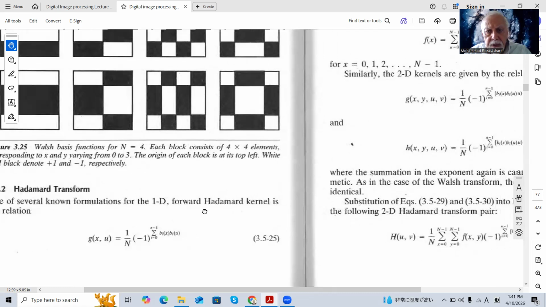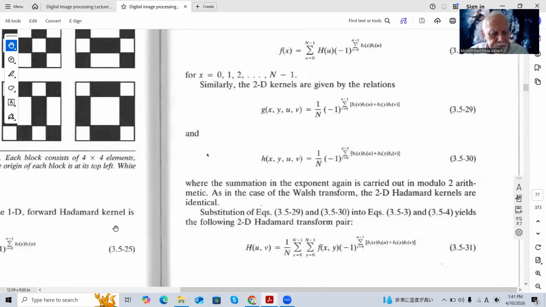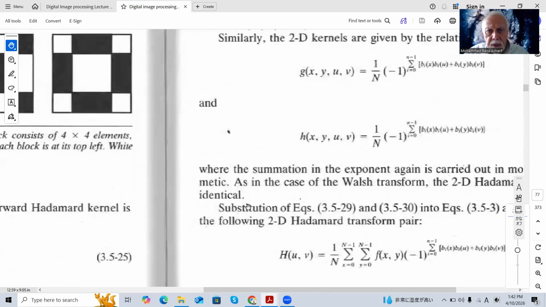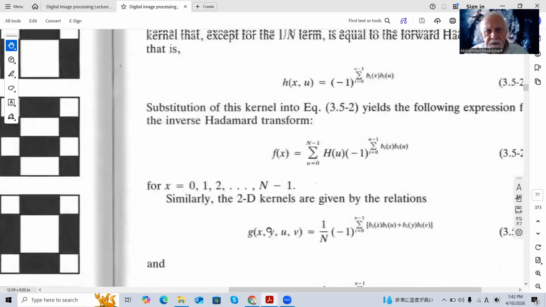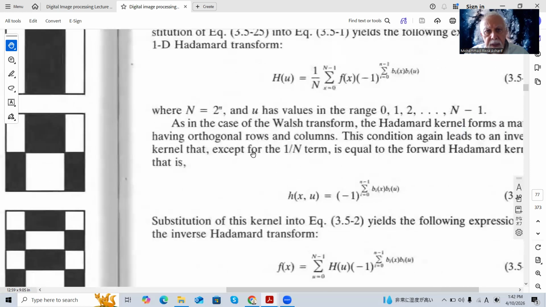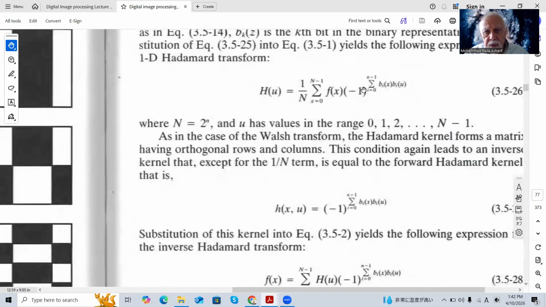So let's see. I show the full transformation here with that kernel. I told you this is the kernel. For instance, you have a one-dimensional function f(x). The Hadamard transform will be H(u) with this.